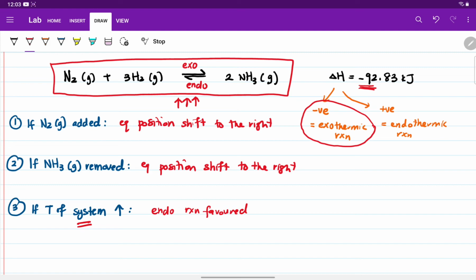Sebab endothermic reaction akan absorb heat. Okay, jadi dekat sini apa yang awak nak kena cari? Carilah mana endothermic? It's this one. Endothermic akan shift ke mana? Left ke right. So as you can see over here is our reverse reaction. So kita akan kata equilibrium position akan shift ke mana? Okay, equilibrium position will shift to the left, to gain a new equilibrium.